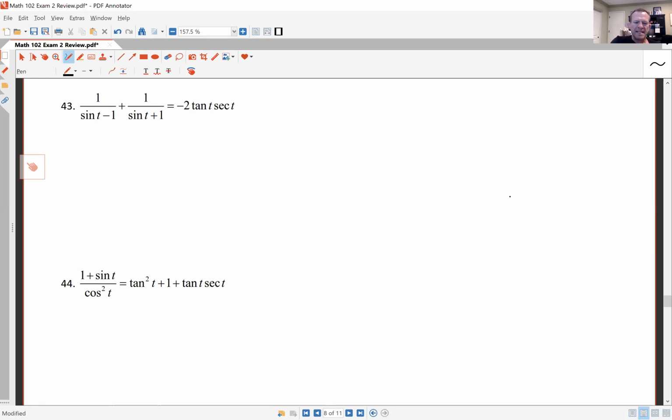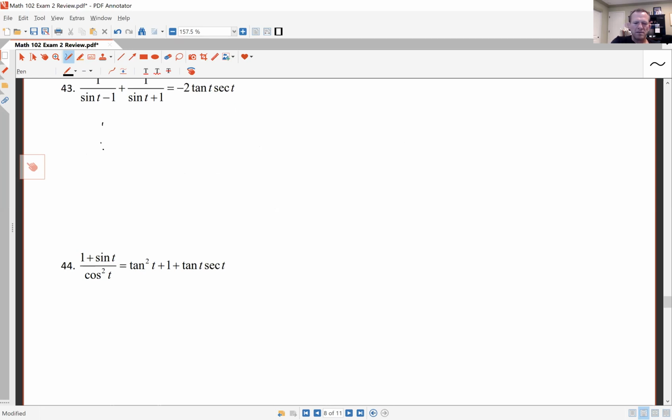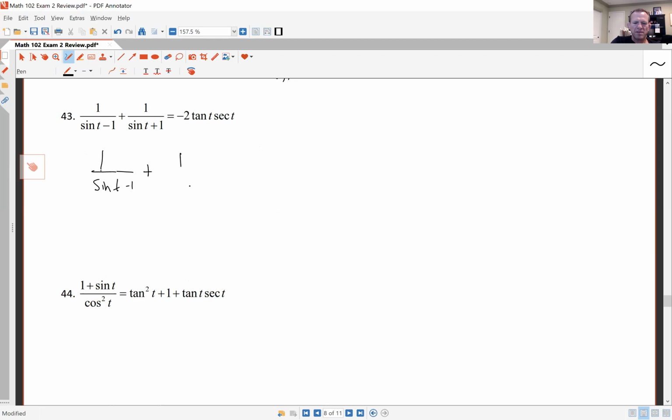One over sine t minus 1 plus 1 over sine t plus 1. All right, common denominator in that one is sine t minus 1 times sine t plus 1.